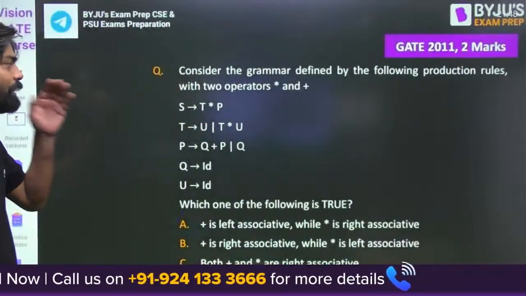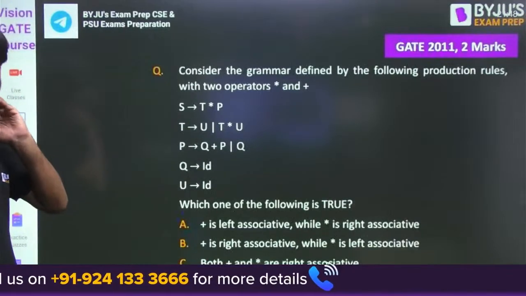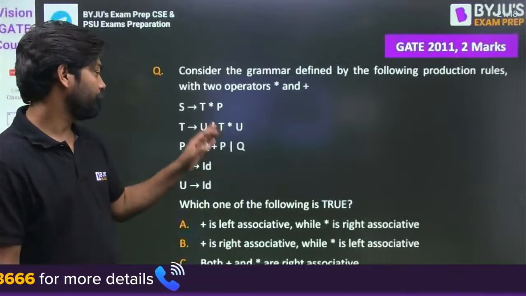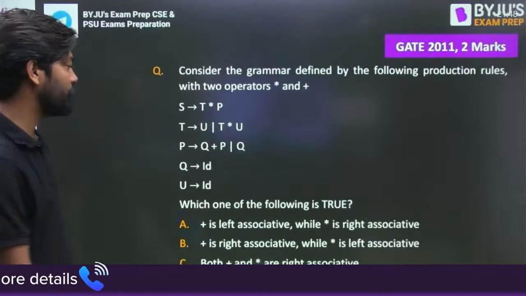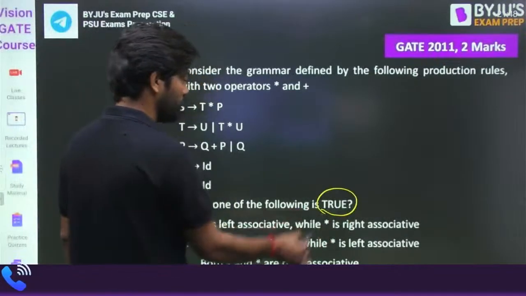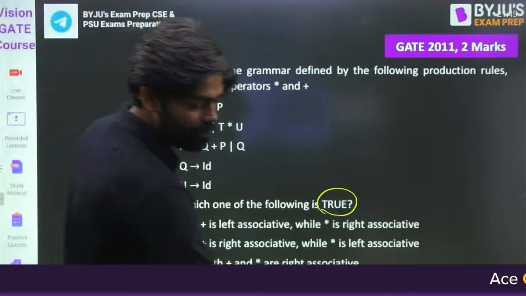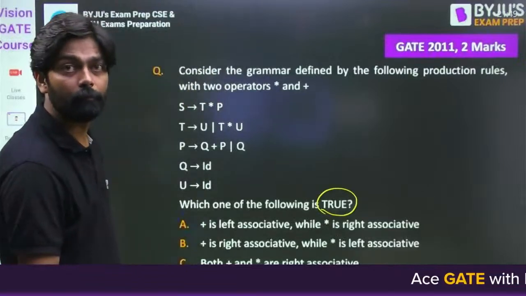Okay, can you please tell me, it is a very easy problem for you. What is the answer for this one? Which one of the following is true? They are asking, they have given the operator. Please reply.